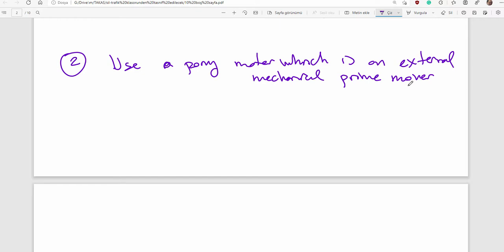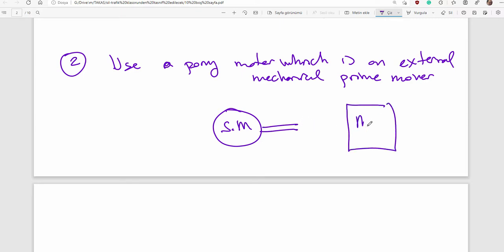Now, here is a synchronous motor. You want to drive a mechanical load. Here's a mechanical load. You use the synchronous motor to drive the mechanical load.